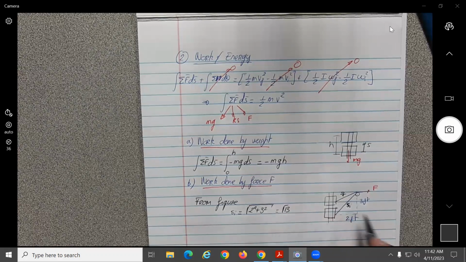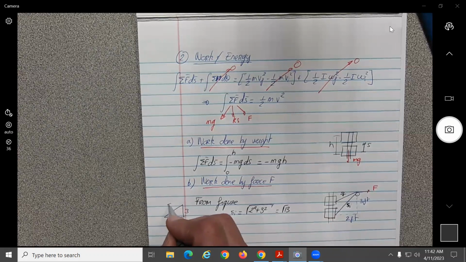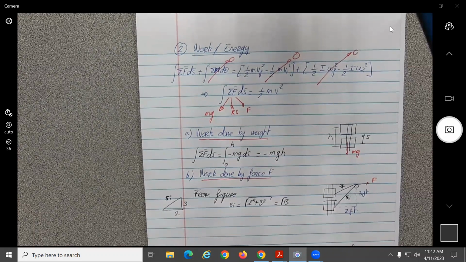So basically what we're doing here is looking at the right triangle, with sides 3, 2, and S initial, whatever that is. And S final will be what? You will have 2 over here and 2 over here.